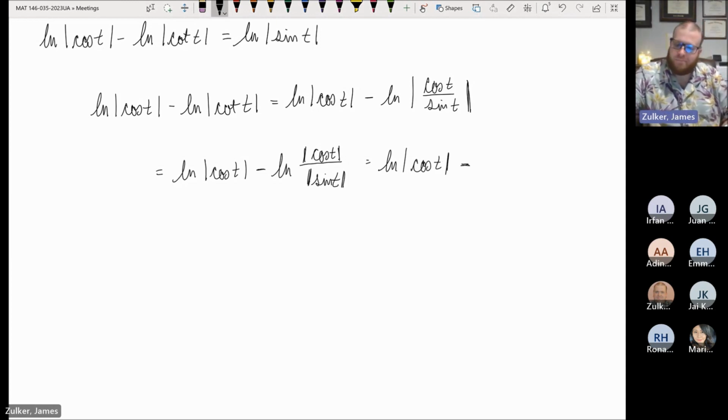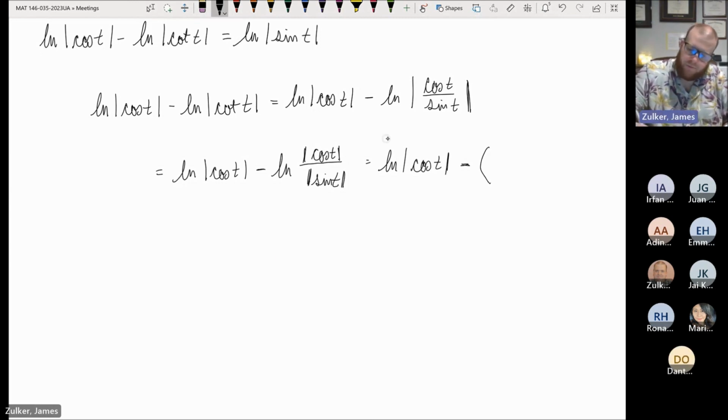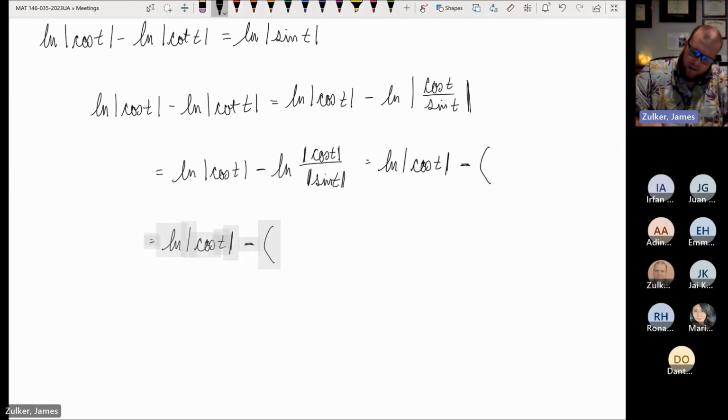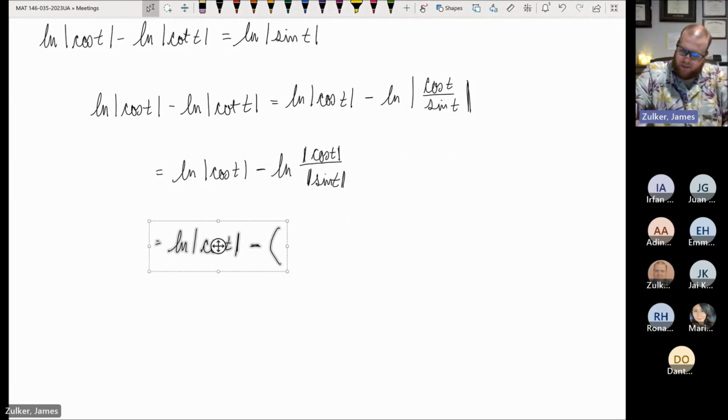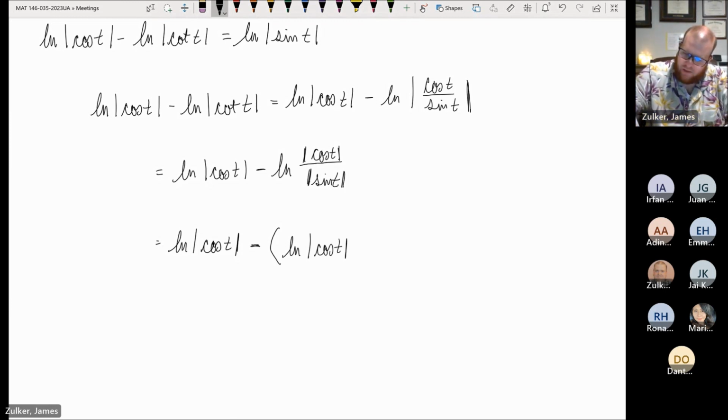Right, and remember, I'm going to need to move this down. So if you take the natural log of a quotient, it's the difference of the logs.